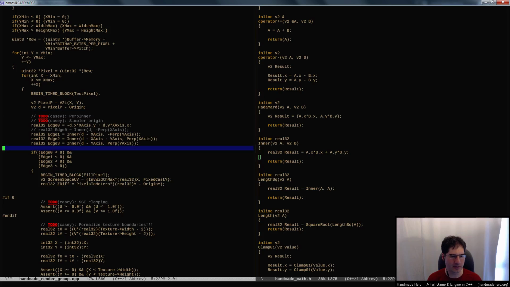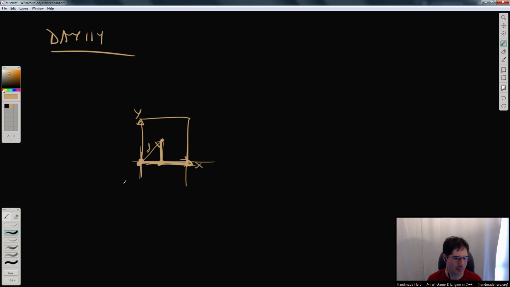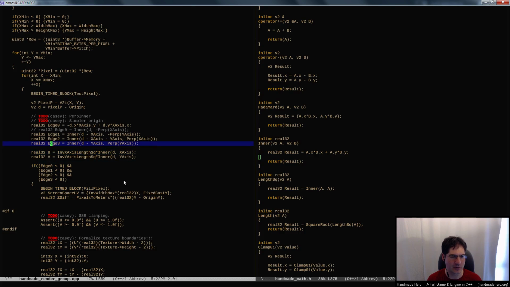Suppose we computed the u and v coordinates and just looked to see whether they were inside the square. That seems like a pretty easy way to go, and that gets rid of all this work. Does that seem reasonable? So maybe we just do this as a test.